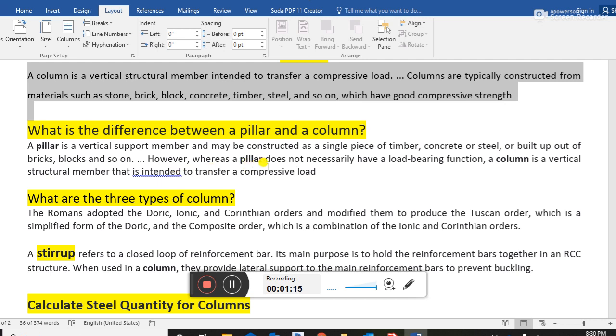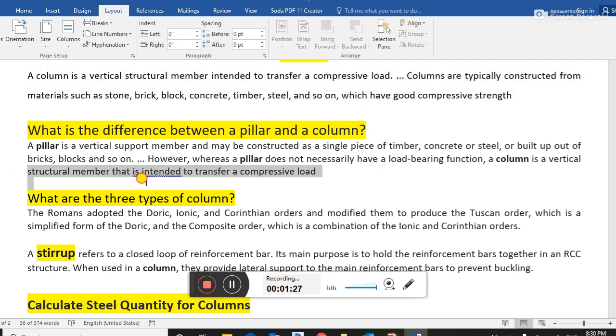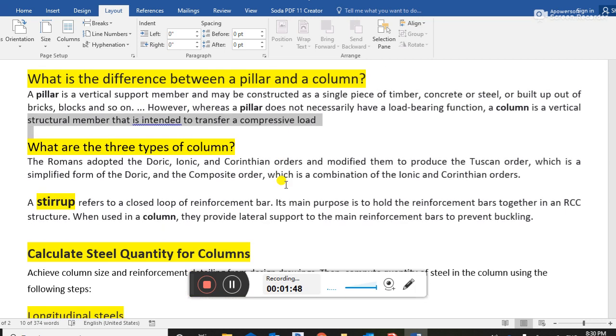However, a pillar does not necessarily have a load-bearing function, versus column is a vertical structural member that is intended to transfer a compressive load. Guys, the main difference is the key point between the pillar and column. Column always transfers the compressive load, and the pillar does not necessarily bear the building load. This is the main difference.